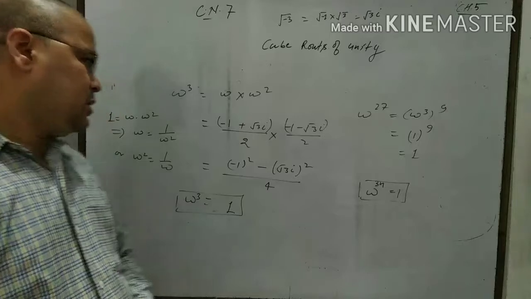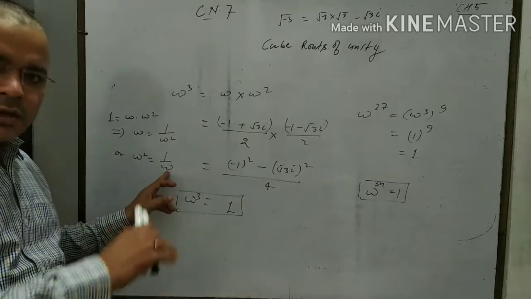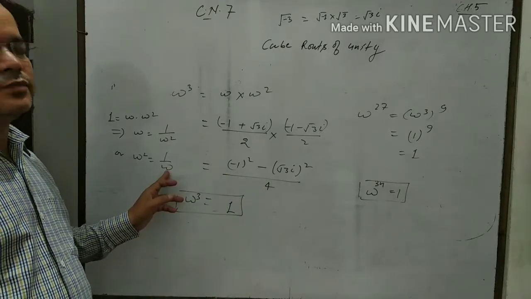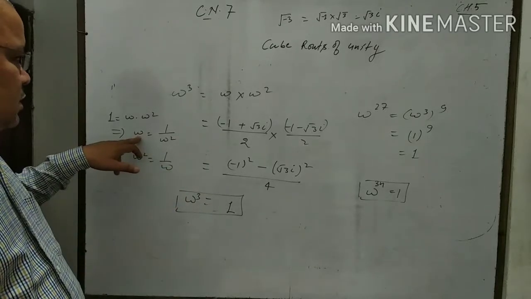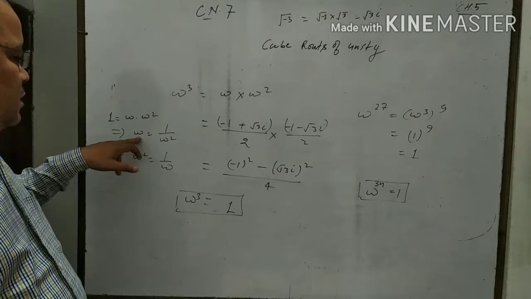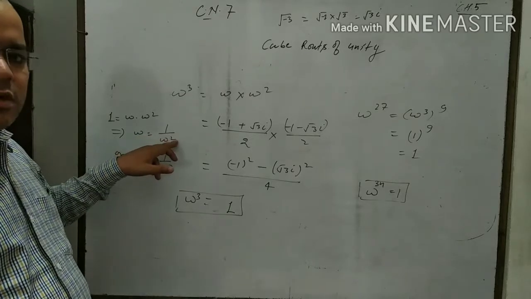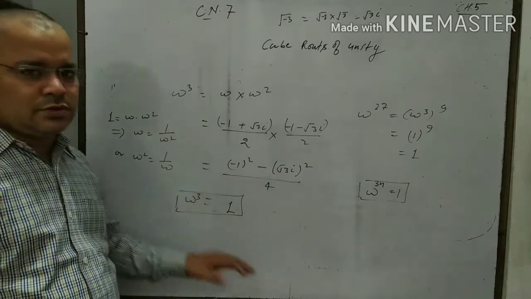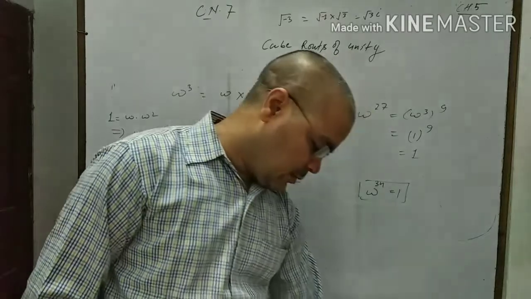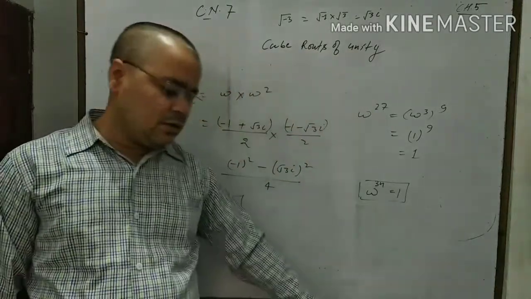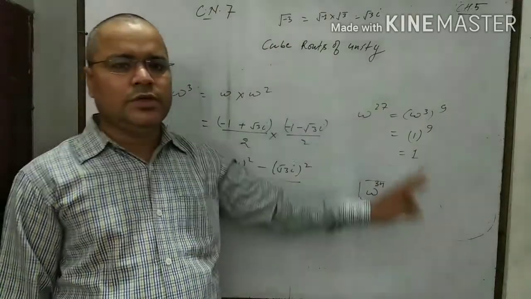It means one non-real root is the reciprocal of the other non-real root. We can make the conclusion in this way. This is the total theoretical portion related to cube root of unity.